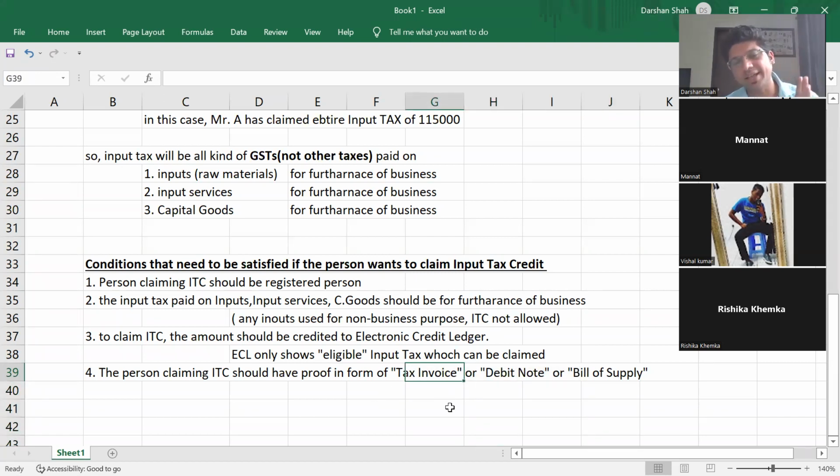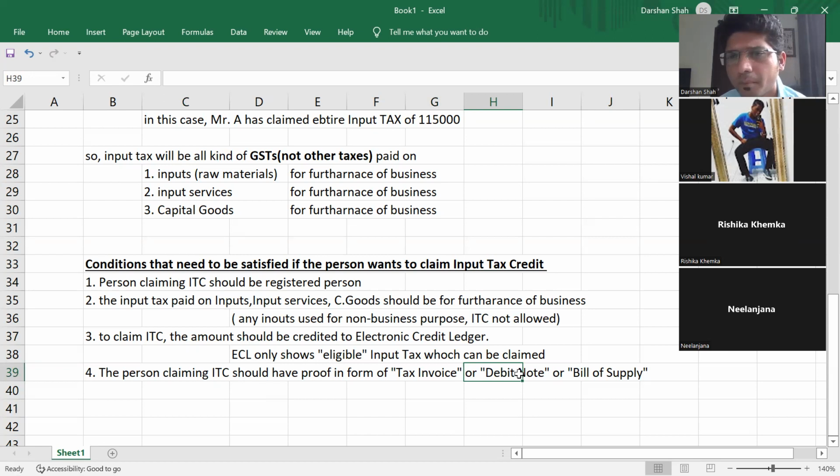What is a tax invoice, we'll study later on, because tax invoice has the supplier's GSTIN, the supplier's registration number. All right. So the person claiming ITC should have proof in the form of either of these three. These four conditions till now. Any doubt, guys? Any doubt till these four conditions?